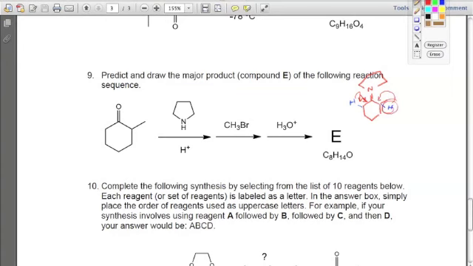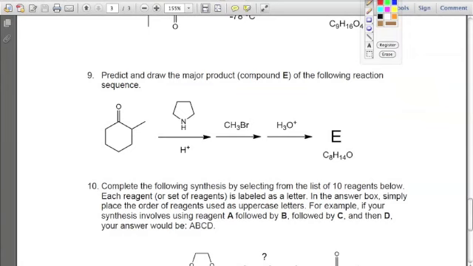So we're going to go for this hydrogen because it's going to make the most substituted double bond, as we can see. Okay, so you're going to make this. That was all just for the first step.